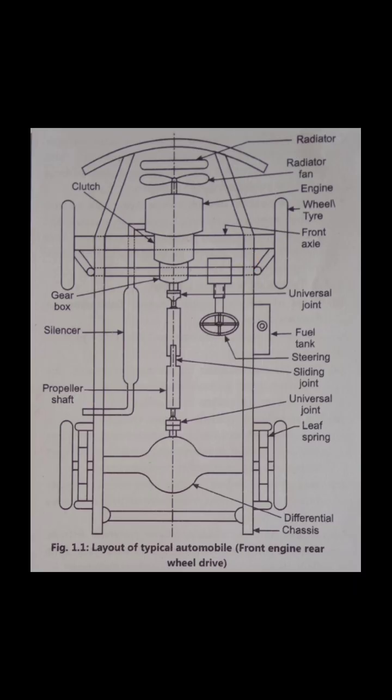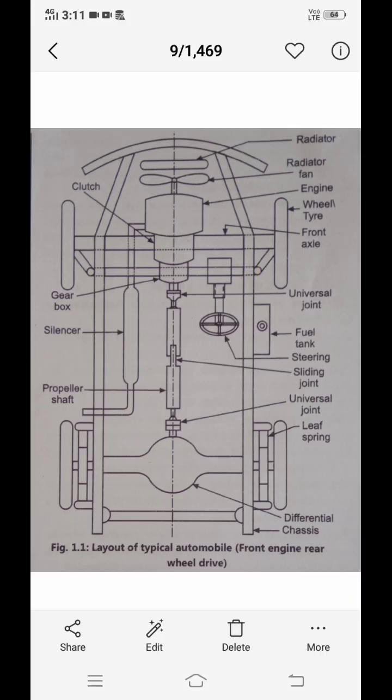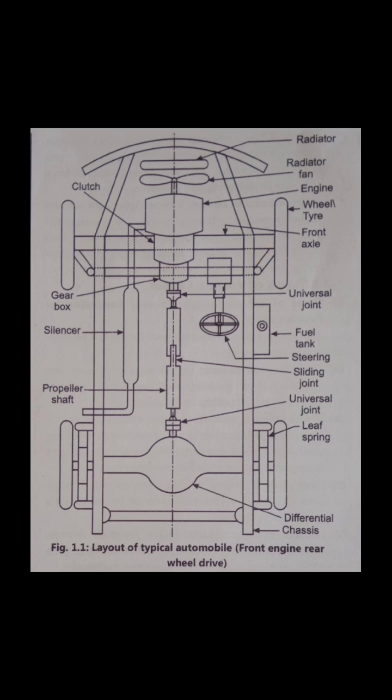In such a case, the cooling of the engine is affected, the performance of the vehicle will definitely be affected, and fuel efficiency will be affected. This is the aerodynamics factor which affects the vehicle layout.